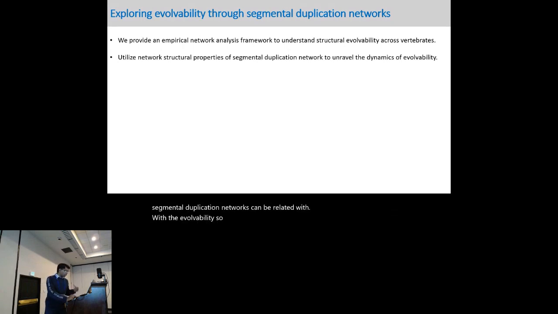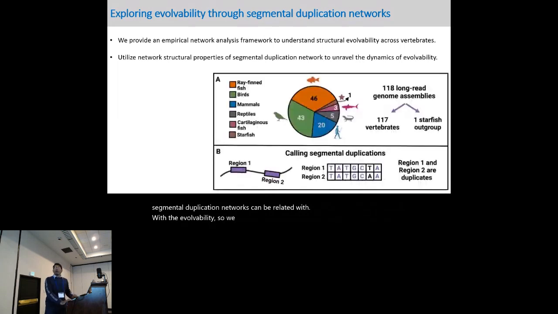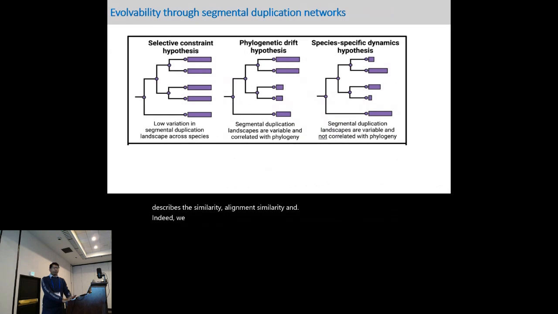We constructed a network for 118 species, where the nodes represent the duplicons, and the relation between nodes describes the alignment similarity. And we tested 3 different hypotheses to understand the evolvability of these species.